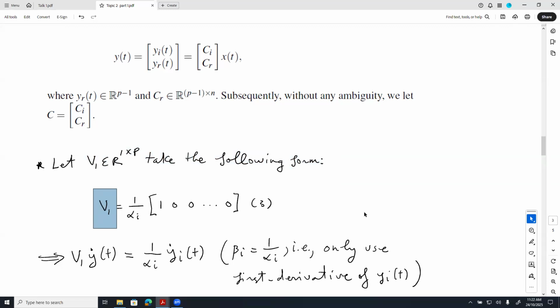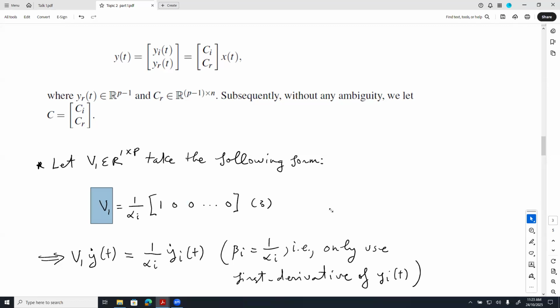We make it in such a way that the first entry is non-zero, and the rest of them are basically zero. This is the structure that we impose on the row matrix V1.